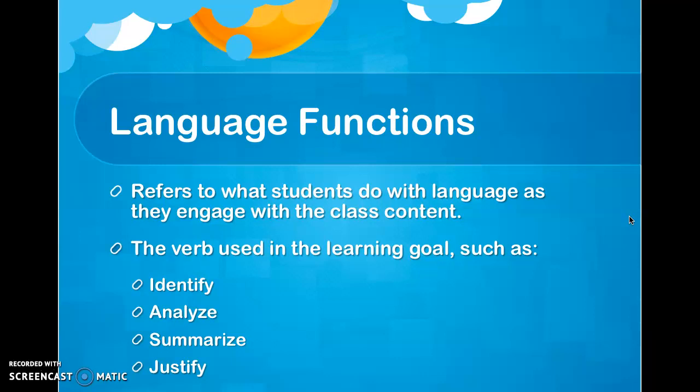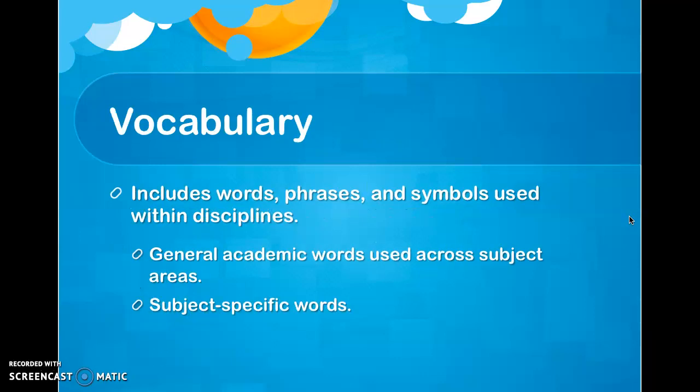The same goes for summarizing an argument within an essay or justifying their claims. Understanding the language function helps students understand what is being asked of them and how they can properly respond to it.